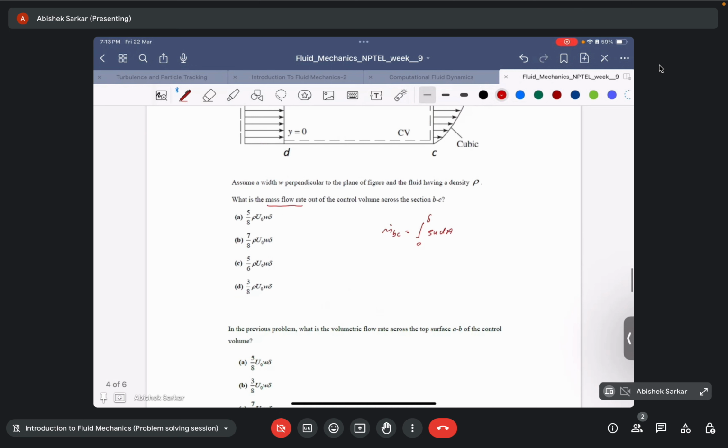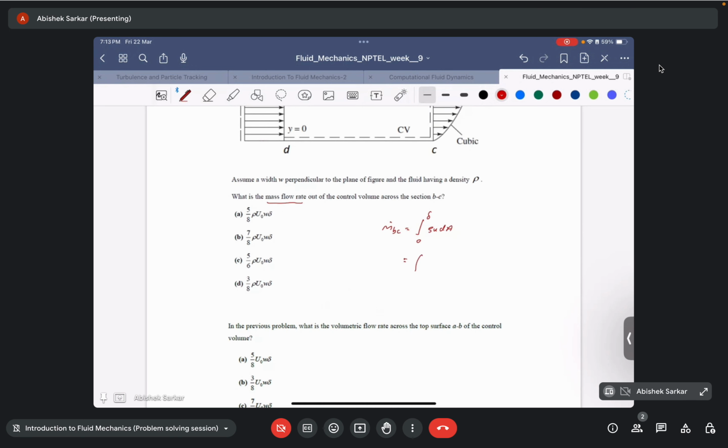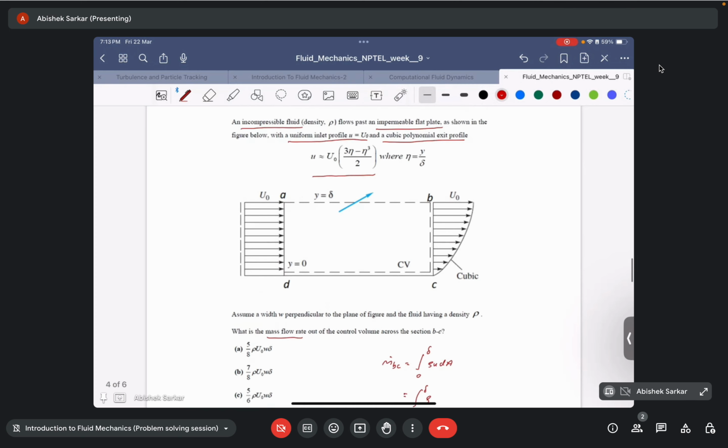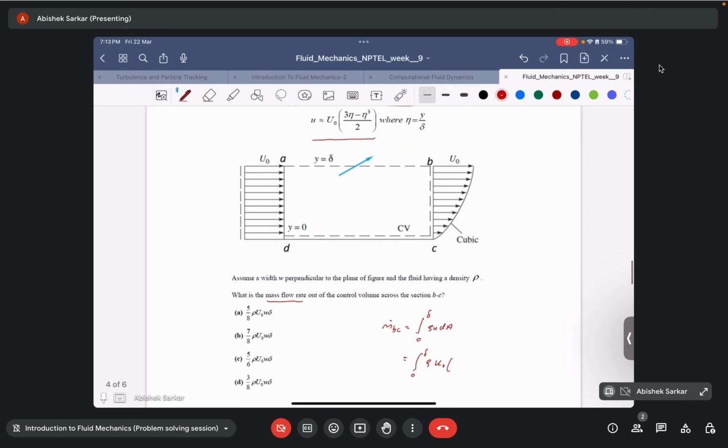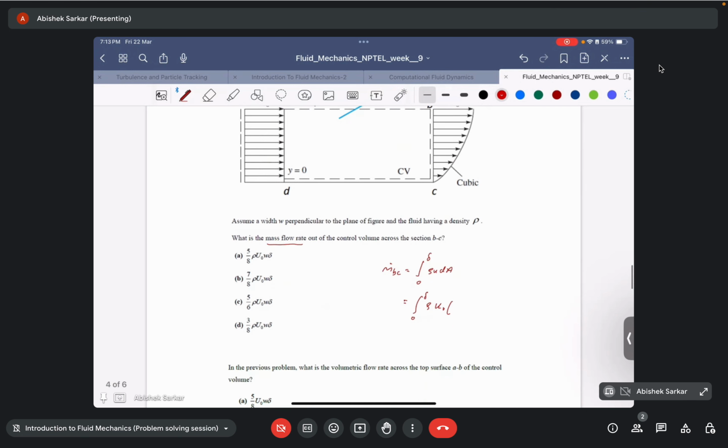Taking the 2 common, we are left with u0 over 2 times the integral of rho (3 y by delta minus y by delta cubed) W dy. The elemental area would be W into dy. Just perform this integral.